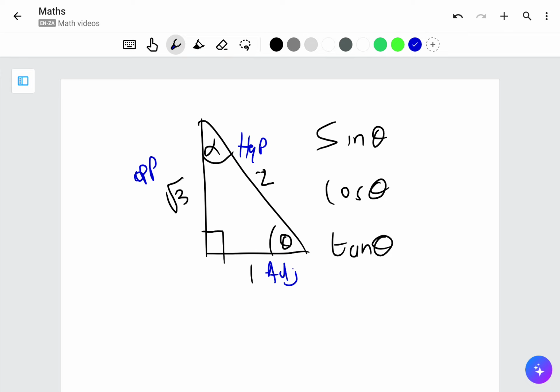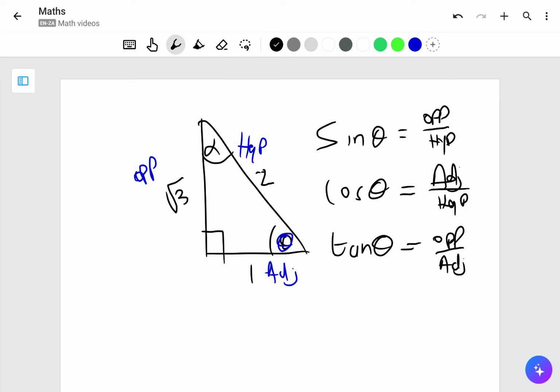If we're looking at the angle theta, this angle over here, and we want to represent sine in terms of theta, we're going to say sine theta equals opposite over hypotenuse. If we go to cos, we said cos is adjacent over hypotenuse, and tan theta is opposite over adjacent.